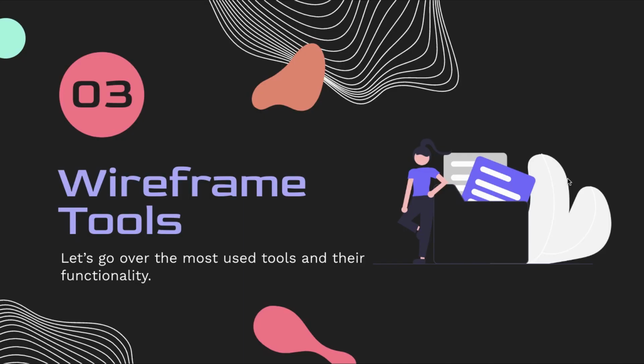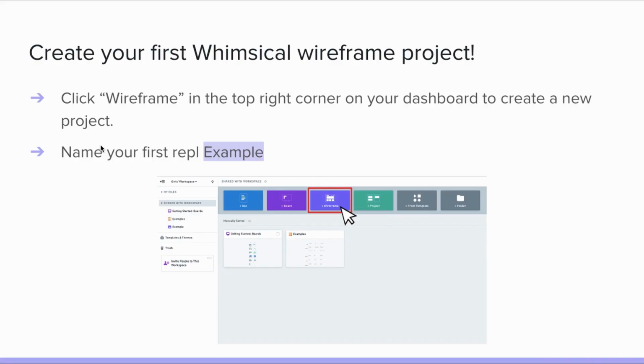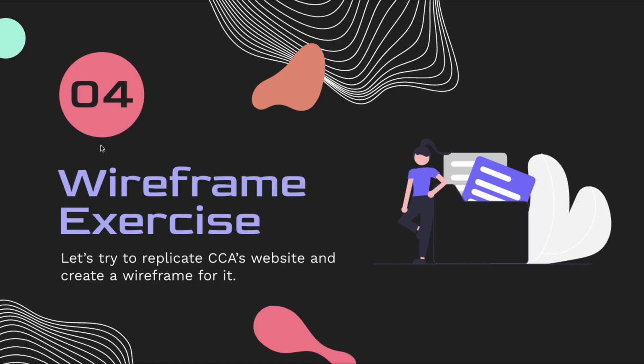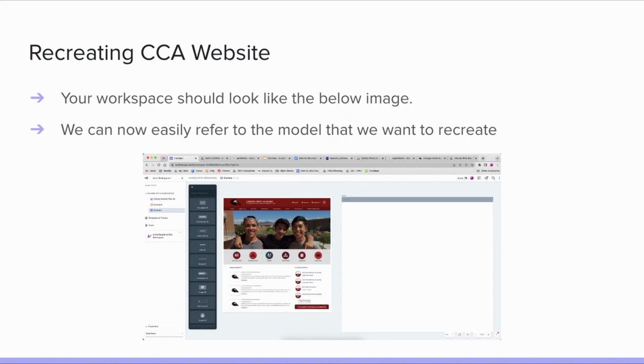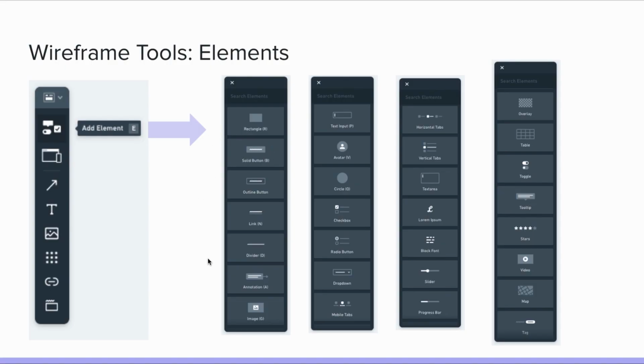Alright, so we're going to look over some of the wireframe tools and their functionality. For wireframes, we're going to explore mostly the add element, the first one. When you open up a project, you'll see a bar on the left side, which is what we're going to talk about right here.